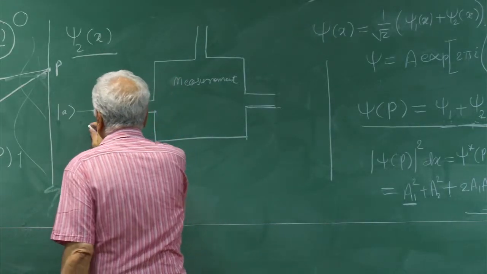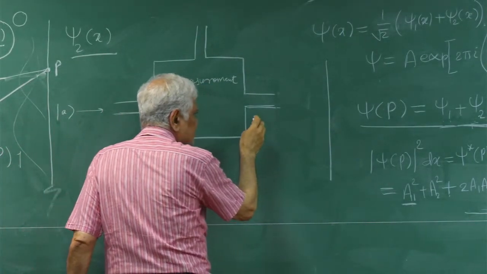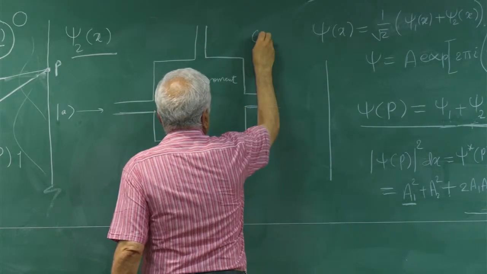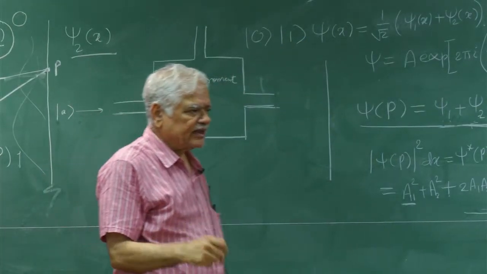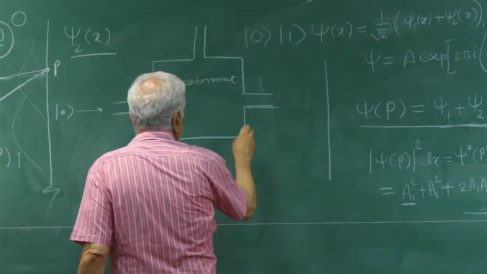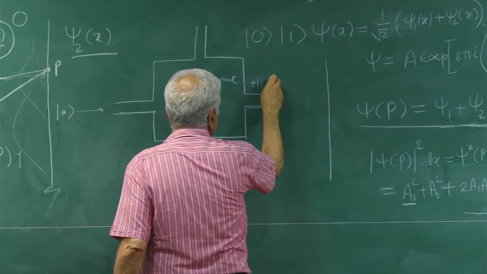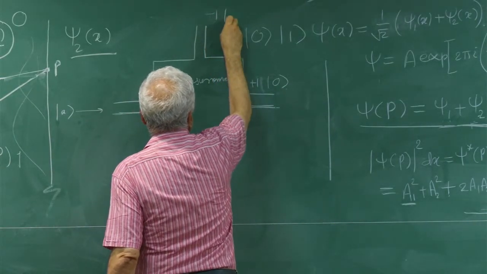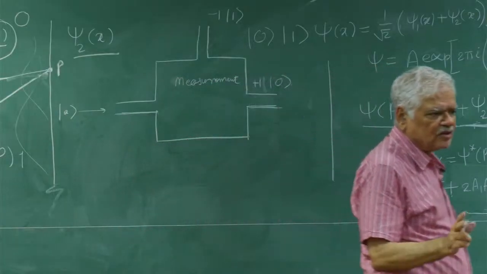Whatever may be the input state, just after the measurement, suppose Ket0 and Ket1 are the two eigenstates. Then the result will be either +1 as the eigenvalue with Ket0, or -1 as the eigenvalue with Ket1. These are the only two alternatives.